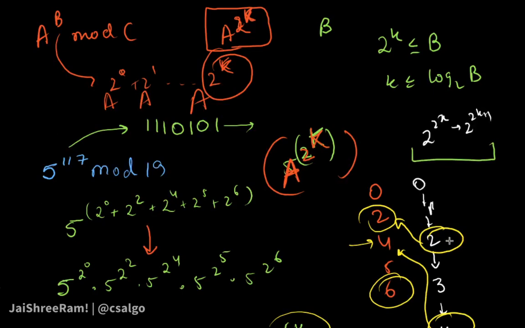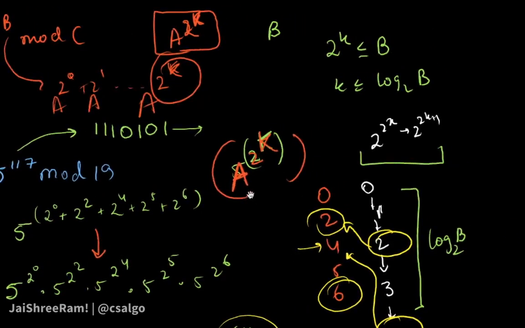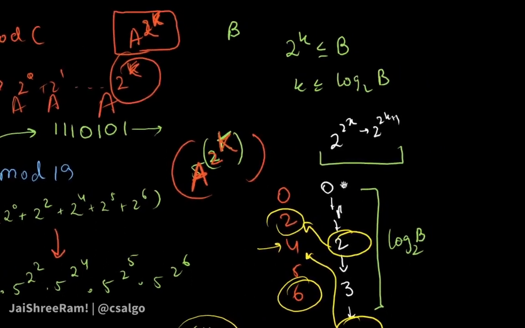So every step you are increasing by 1 and you only need to go up to log of b. So your computation over here will take log of b steps, okay? So now with this kind of idea you can calculate a to the power b mod c in an iterative fashion in order log of b time, okay?